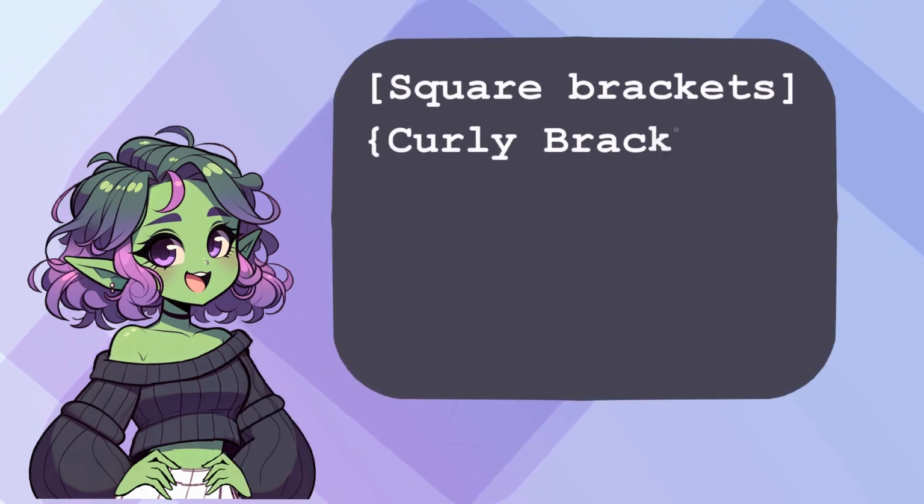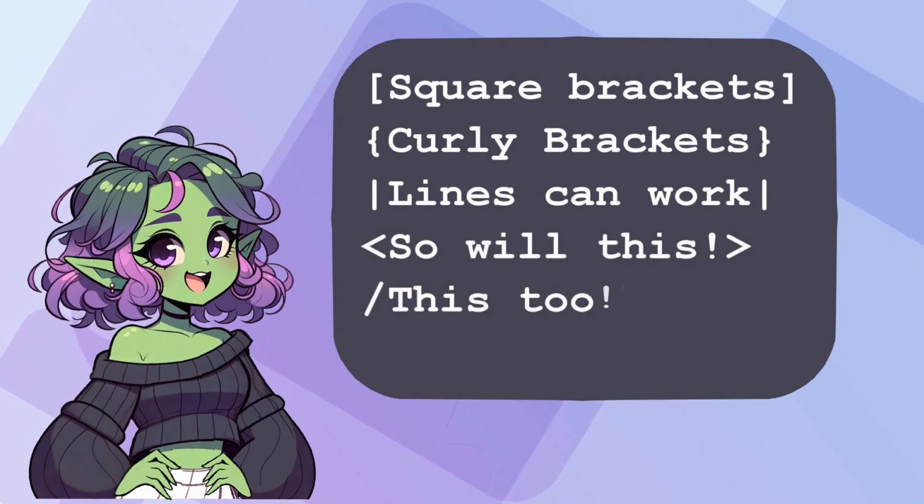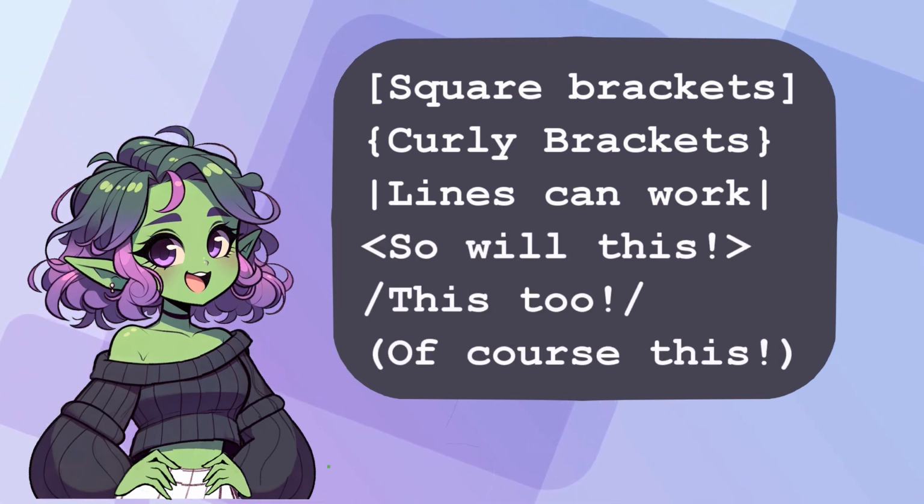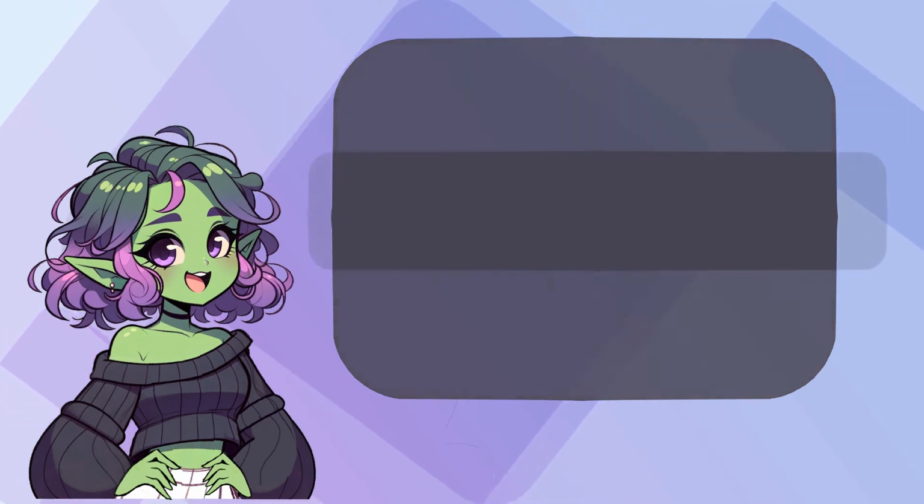Square brackets aren't the only option here, though. They're interchangeable with curly brackets, parentheses, dashes, and lines, giving you the freedom to choose a symbol that best fits your needs or simply matches your aesthetic. It's like having the option to choose between sneakers or dress shoes for the same outfit. Either works, but one might feel a little more like you.